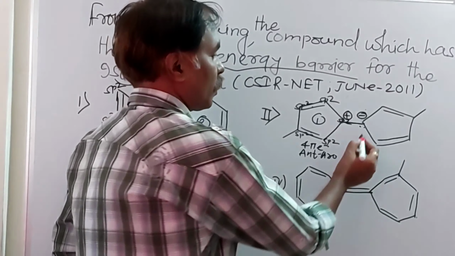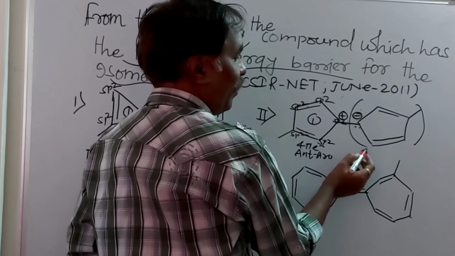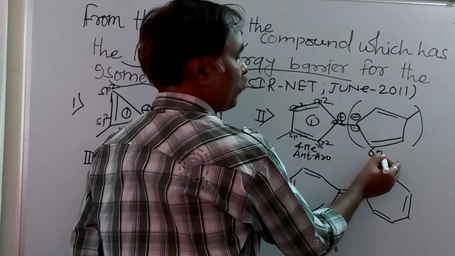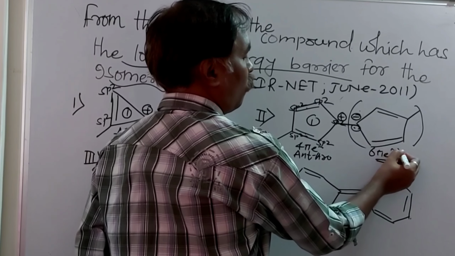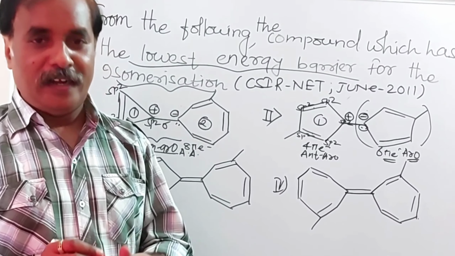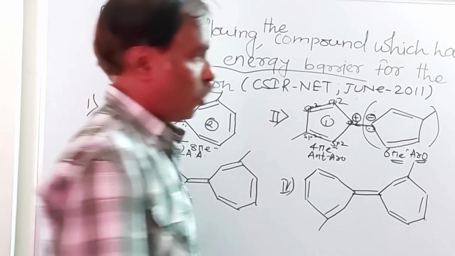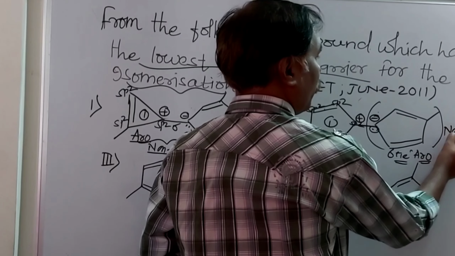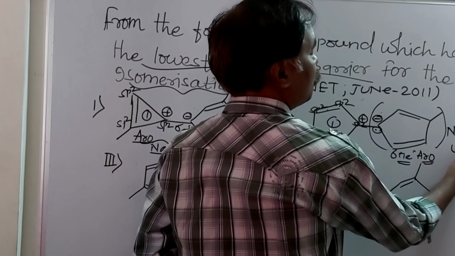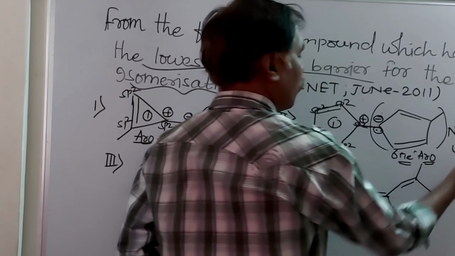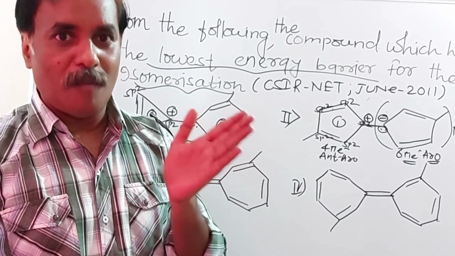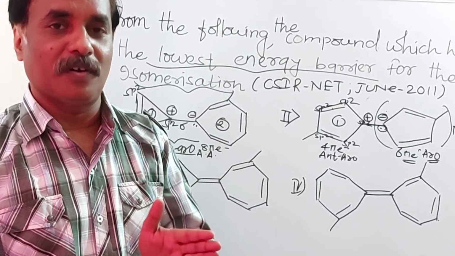Ring number 2: total number of Huckel's electrons 2 plus 2, 4 plus 2, 6, and ring number 2 is aromatic. One ring is aromatic, another is anti-aromatic, so the compound will be non-aromatic. This is also non-aromatic and also unstable. And remember, when a compound is unstable, there is more energy, that is, a larger energy barrier for transformation, for isomerization.